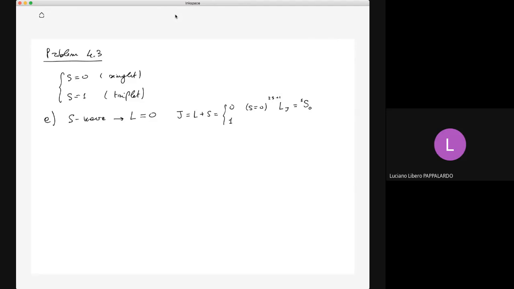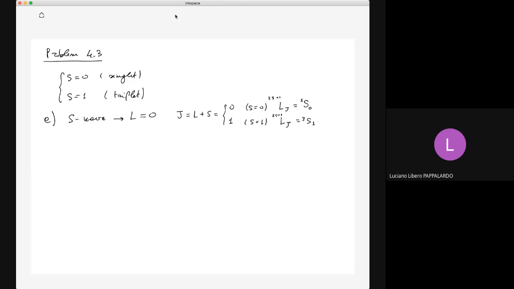Or J could be 1 if the spin is 1, so in the triplet case, and in this case the quantum numbers of this state are S 3 1, where capital S, as usual, denotes the S wave, so L equals 0.